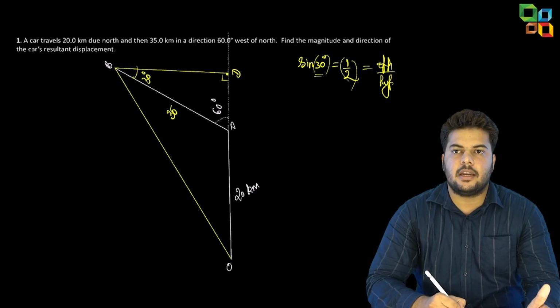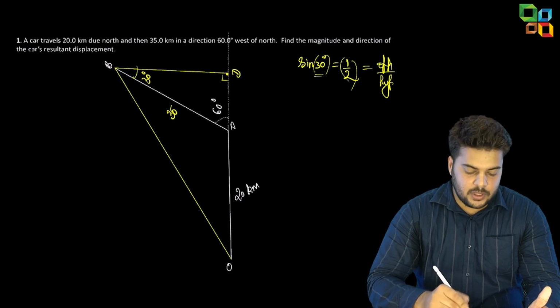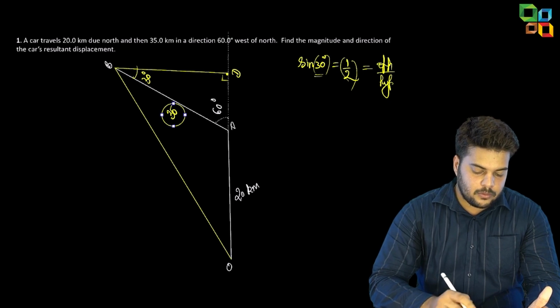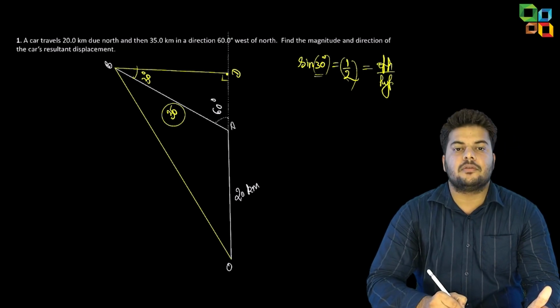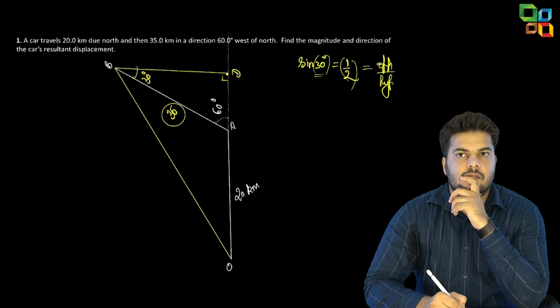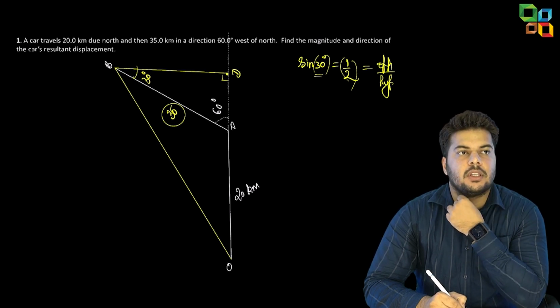Shreya, what should be the length AD? I know the hypotenuse. Hypotenuse is 35. Yes, Tripti, correct.